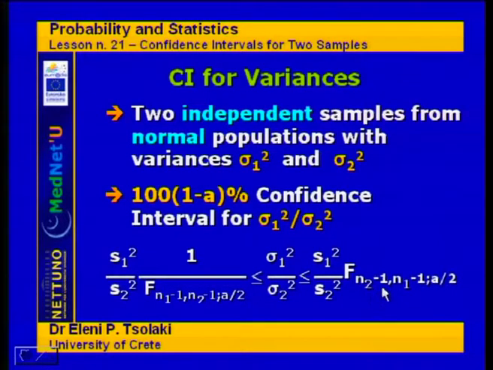First comes the n2 minus 1 degrees of freedom, and then comes the n1 minus 1 degrees of freedom.